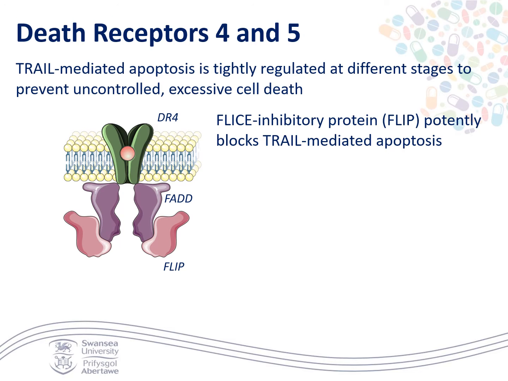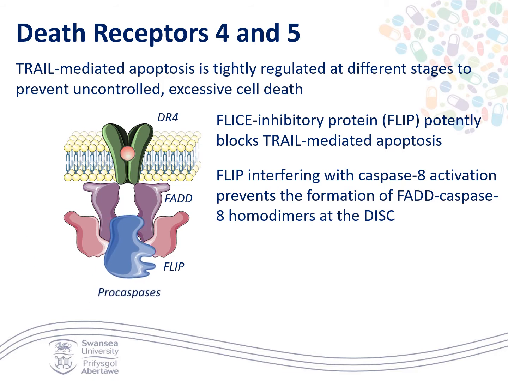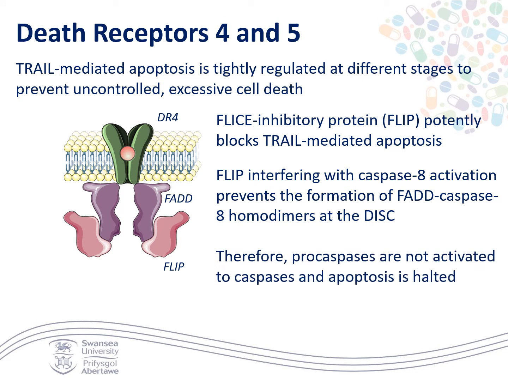Examples of these anti-apoptosis proteins include things such as FLICE inhibitory protein, which we refer to as FLIP. And this is a potent blocker of TRAIL-mediated apoptosis. FLIP itself interferes with caspase-8 activation. It prevents procaspase-8 being converted to caspase-8, and as a result, you do not get these FADD caspase-8 dimers appearing at the death-inducing signaling complex.